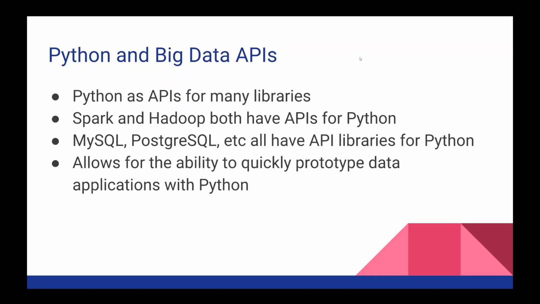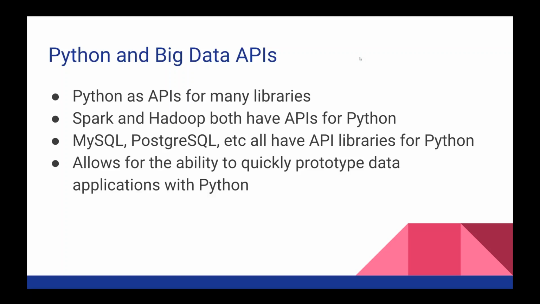And Python's become a really big player in not just data science, but data engineering, because of all these APIs and connections to big data libraries, or even just more normal SQL-type databases. What this allows you to do is quickly prototype data applications with Python and not have to deal with the frustrations of some of the original languages, such as Hadoop or Spark, which, since they're not written in Python to begin with, can sometimes be hard to work with.